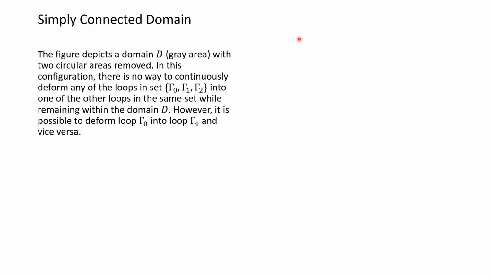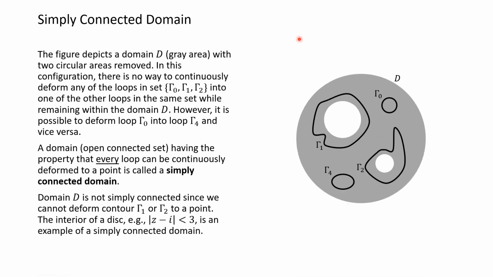We have another concept called simply connected. I want to talk about that on this slide here, but first, maybe a few more examples of continuous deformation. Loop gamma sub 0 on the right cannot be continuously deformed into gamma sub 1 without leaving the domain D. There's no way of going between these two because you have a hole in your domain.